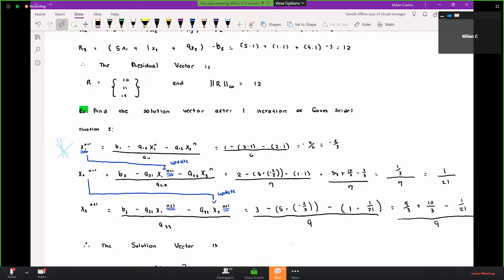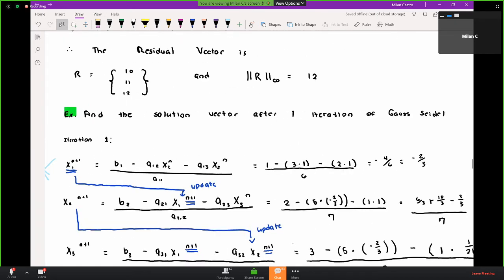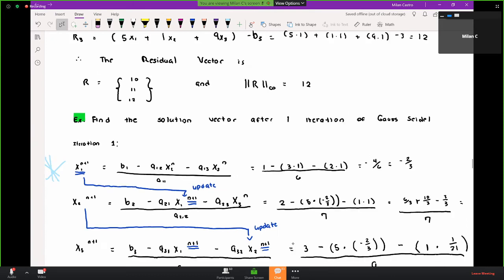So this is saying that in order to find the next iteration of x1, we're doing x1 equals b1 minus a12 times x2n, minus a13 times x3n. These are our initial guesses.